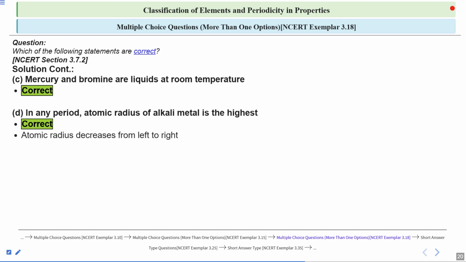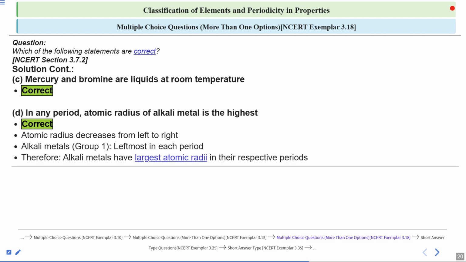We can say that atomic radius decreases from left to right due to increase in the electrons in the outermost shell. Therefore, the alkali metal, being the leftmost group in the periodic table, will have the largest radii. So we can say that alkali metal has the largest radii in the respective period.